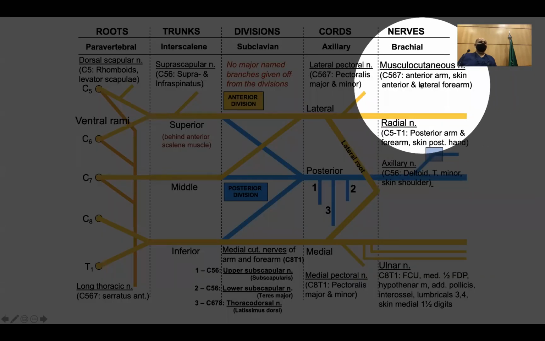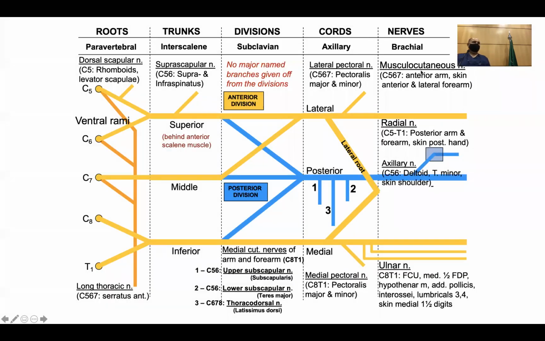This musculocutaneous nerve is the nerve for the flexor muscles of my arm. It goes through the coracobrachialis. It supplies coracobrachialis, biceps, and brachialis. These three muscles. After supplying that, it continues as a cutaneous branch, the lateral cutaneous branch of the forearm.